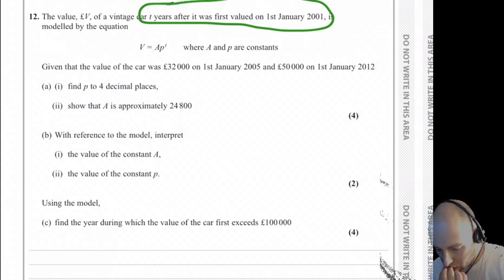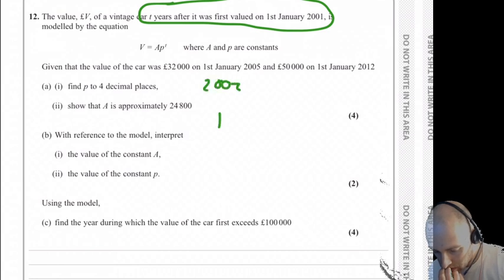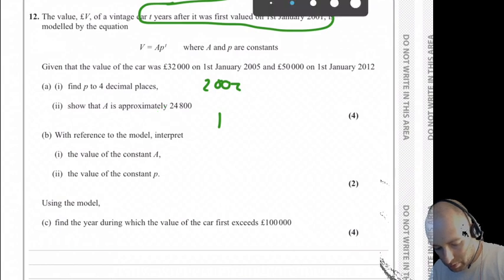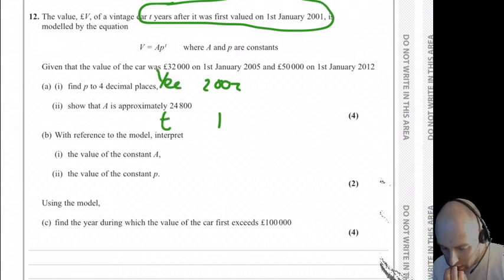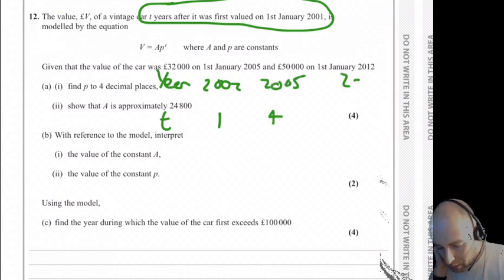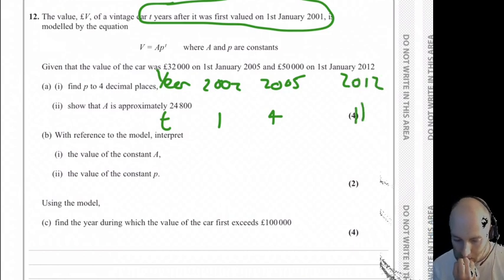Let's write a table first. So 2002 would be 1 year after, 2005 would be 4 years after, 2012 would be 11 years after.